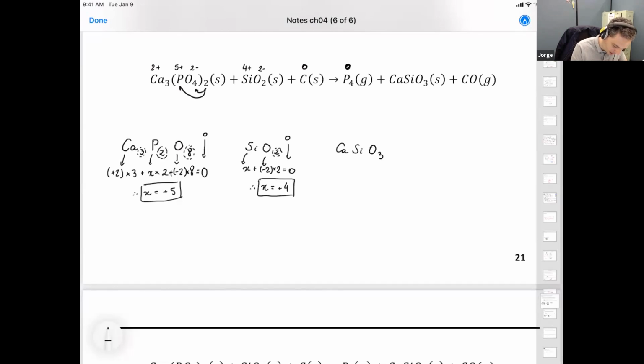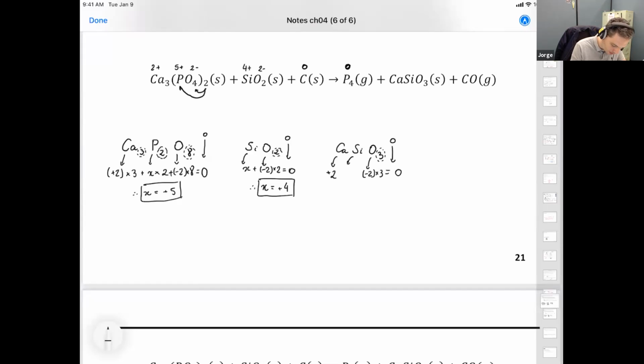This is a neutral molecule. Therefore, the sum of the oxidation numbers has to be 0. Here, calcium is +2. Oxygen is -2. We have 3 atoms of oxygen, therefore we need to multiply by 3.